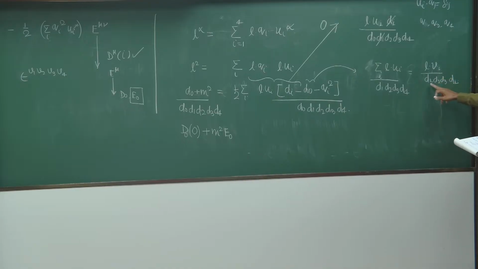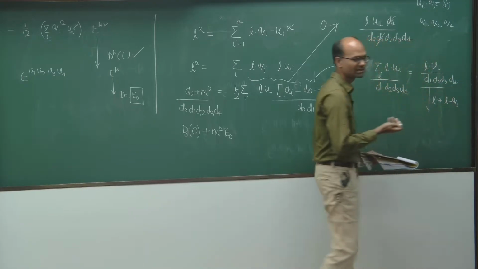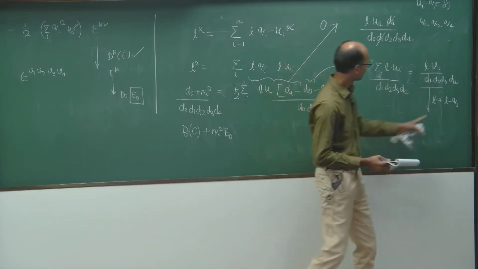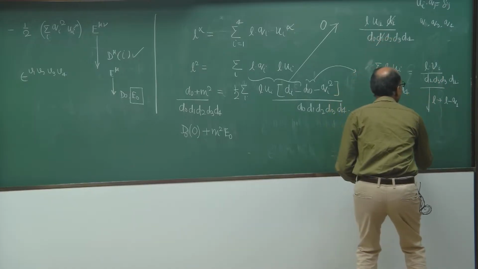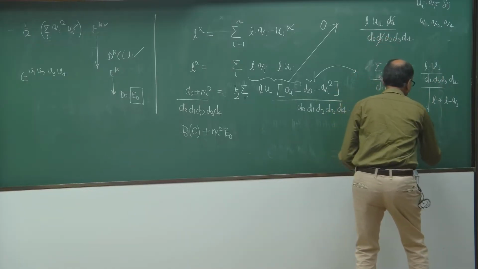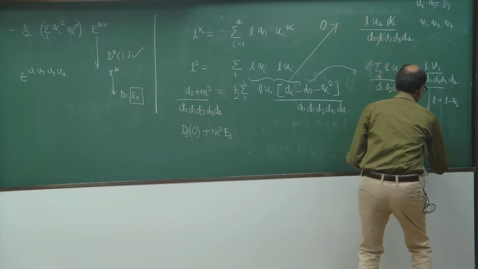Now this has q1, q2, q3, q4, right? This has L dot v1. So what I'm going to do, I will shift the loop momenta L to L minus q1 to put this in the standard form. And when I do that, I'm going to get here L dot v1 minus q1 dot v1.